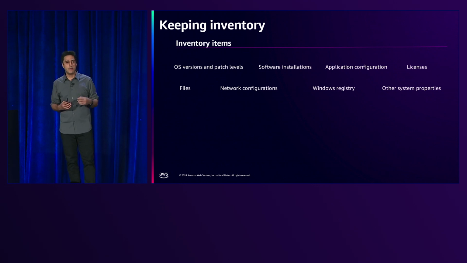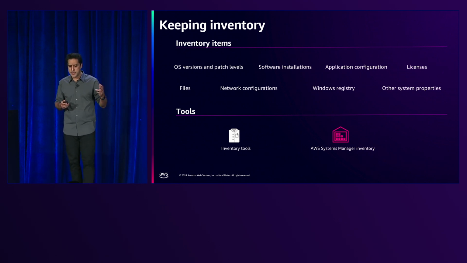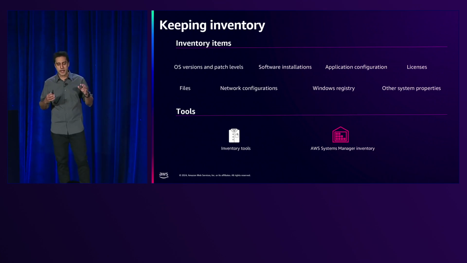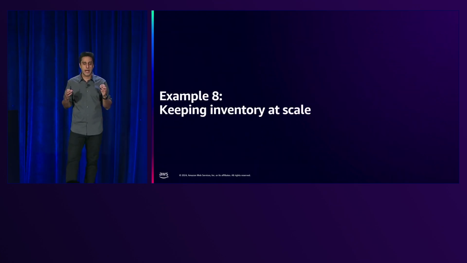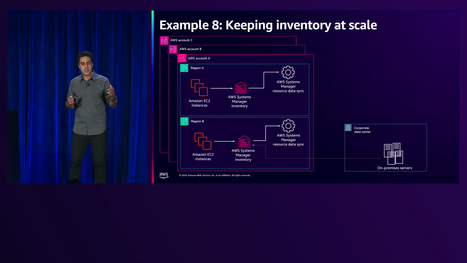There are different inventory tools out there. AWS Systems Manager Inventory also has a feature to capture inventory for both your Windows and Linux instances. Let's take a look at an example of how AWS Systems Manager Inventory can help you inventory your environment at scale. What you see here is, on the left side, I have 3 AWS accounts, and in each account, I'm using 2 regions and running EC2 instances there.